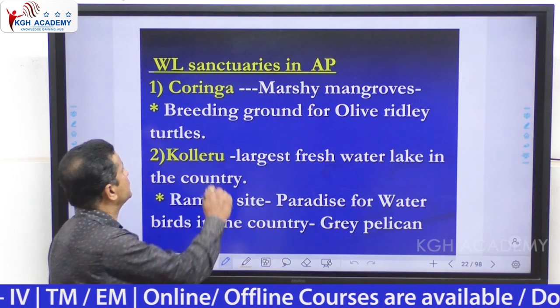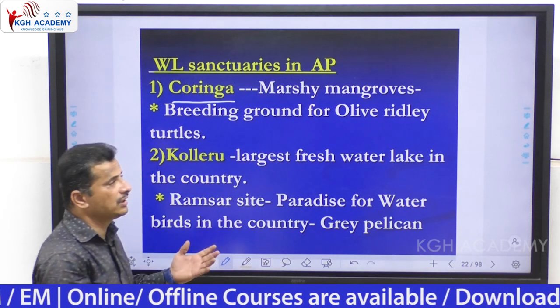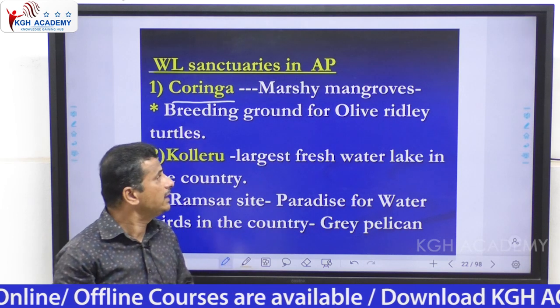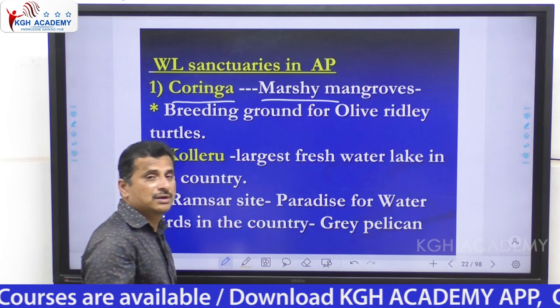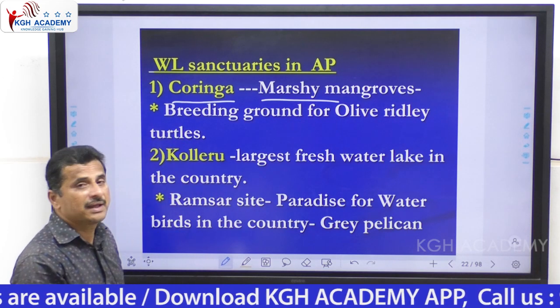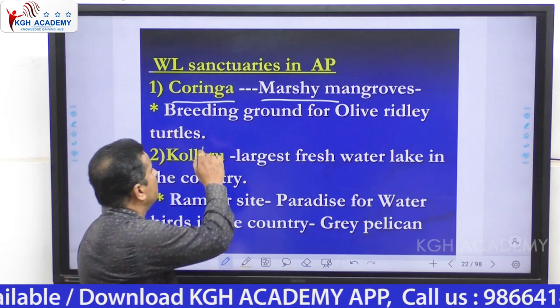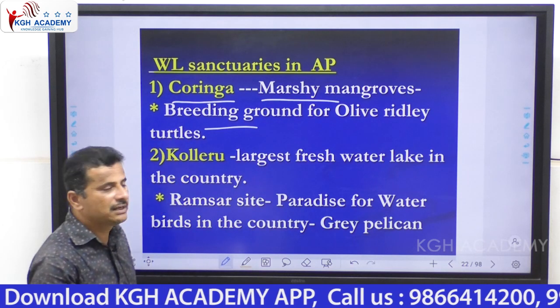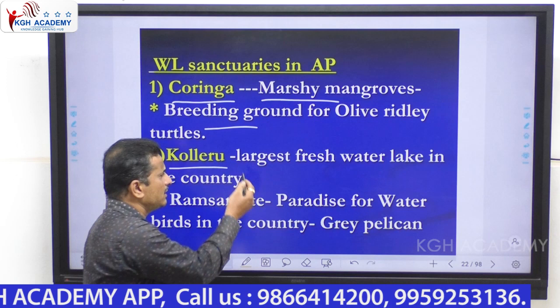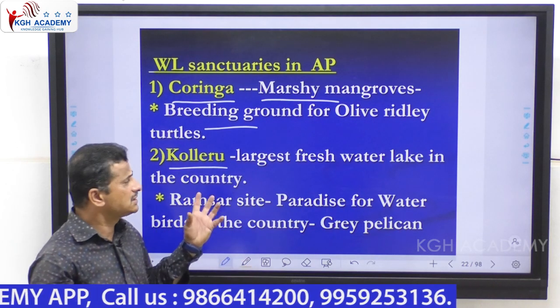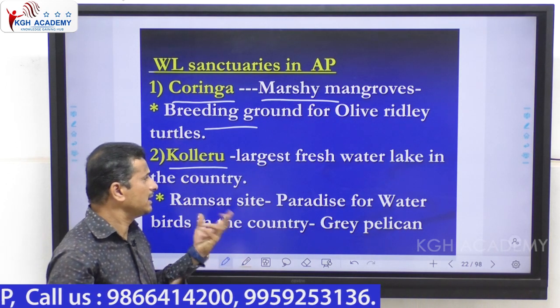Okay, so first Coringa Wildlife Sanctuary. You know, the Coringa area is a mangrove area, so that's why this is a marshy mangrove wildlife sanctuary, and this is especially a breeding ground for the Olive Ridley turtles. And next, Kolleru, the largest freshwater lake in the country.